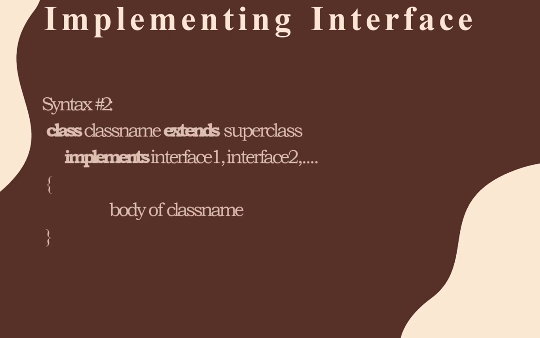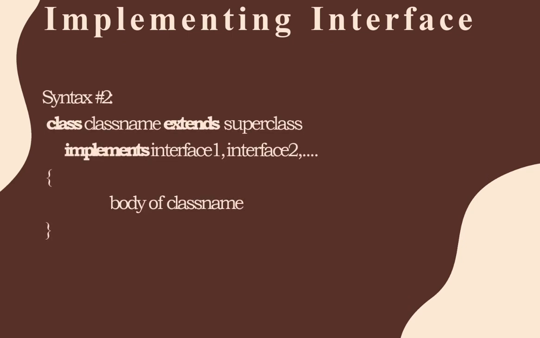The second syntax is the same thing, but instead of using implements in the first statement itself, we will be using extends in the first statement. So let's get a closer look: you start with the class keyword, followed by the class name, then you use the extends keyword and bring in the superclass here. Then in the next statement you use the keyword implements because you are implementing an interface, and then you specify the interfaces.